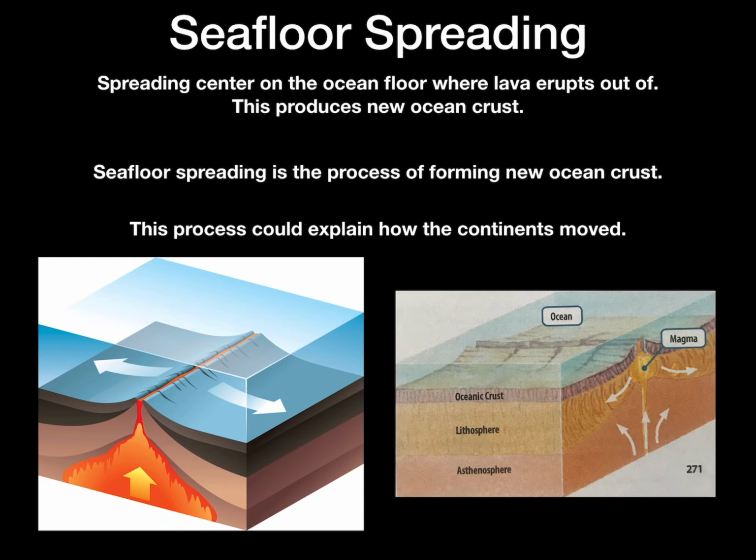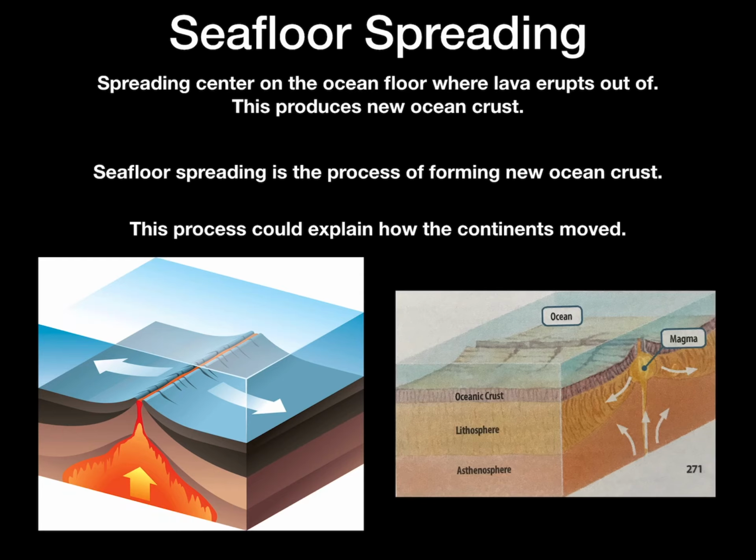So I want you to look at the first picture, the more cartoony one that doesn't have any words on it. You can see here, that's the ocean, obviously. And then below it, we have the Earth's crust. And you can see the bottom red, that is where the magma is. Similar to a volcano, that would be like the magma chamber. Imagine that there is a portion of the Earth's crust that's deep down under the ocean that's actually open with holes and cracks, and lava rises up out of it.